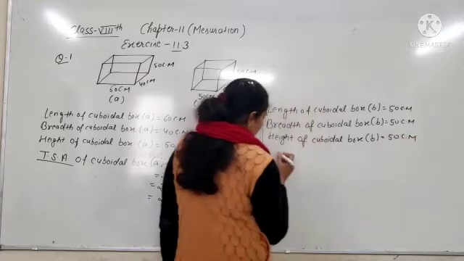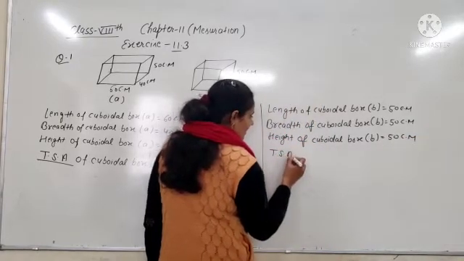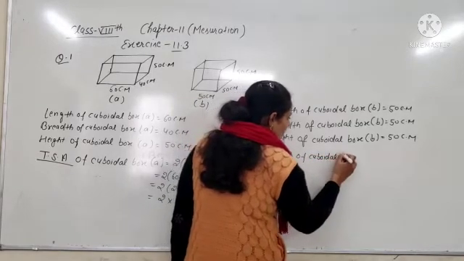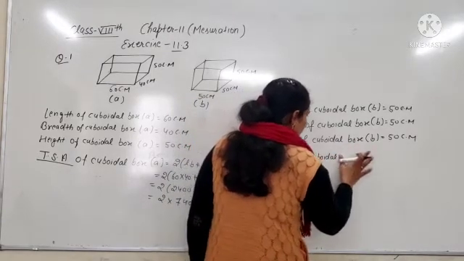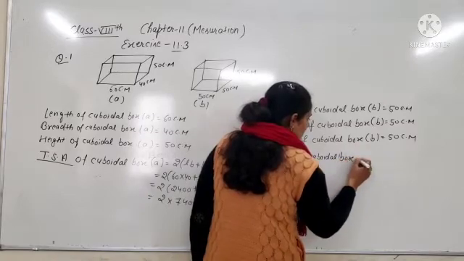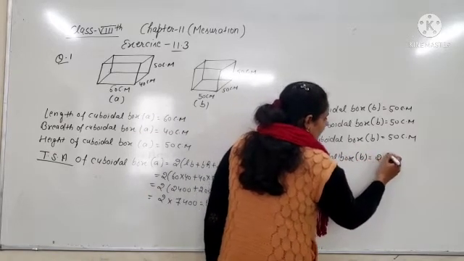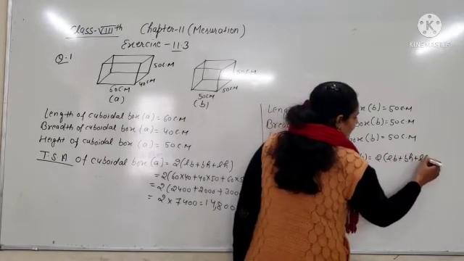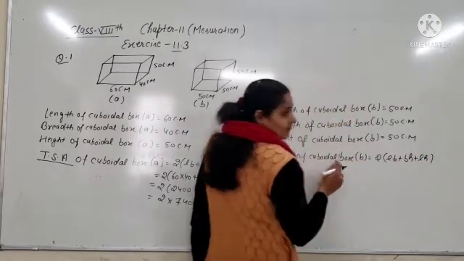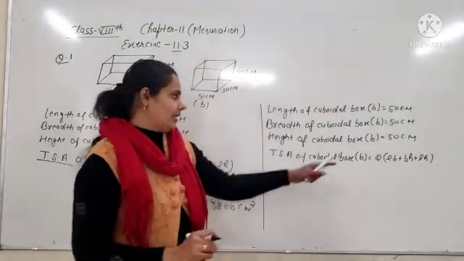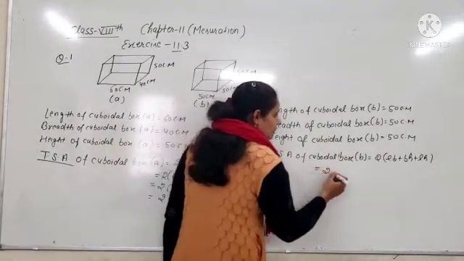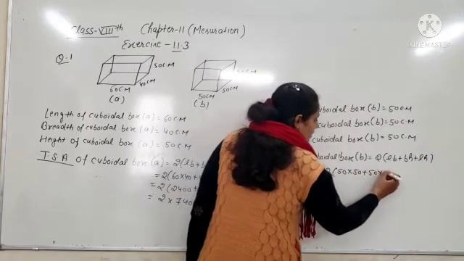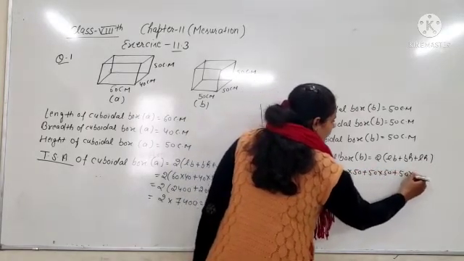So what will be the surface area? The total surface area of cuboidal box B will be the same, twice of (LB plus BH plus LH). It means length into breadth, breadth into height, and length into height. Okay, now put all the values. So 2 into (50 into 50 plus 50 into 50 plus 50 into 50).